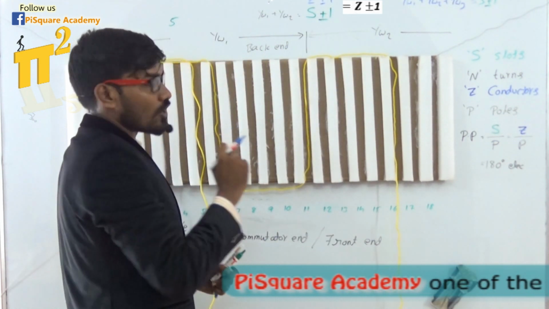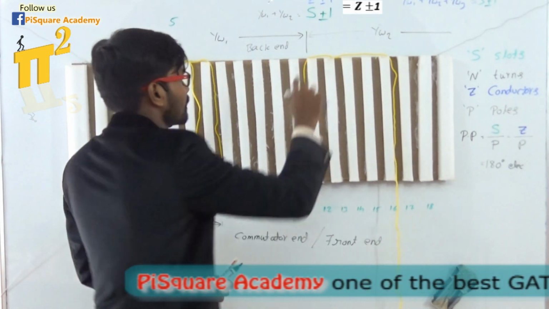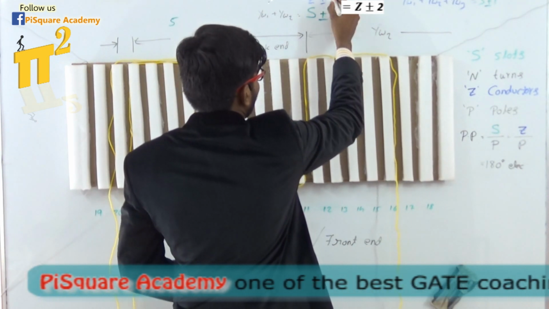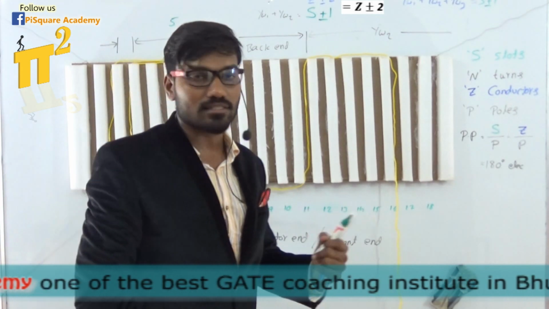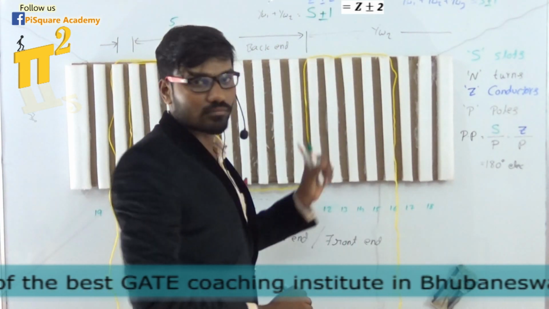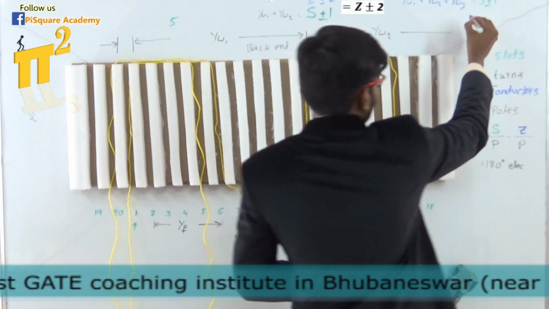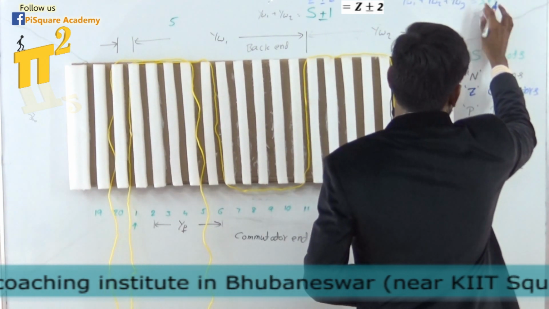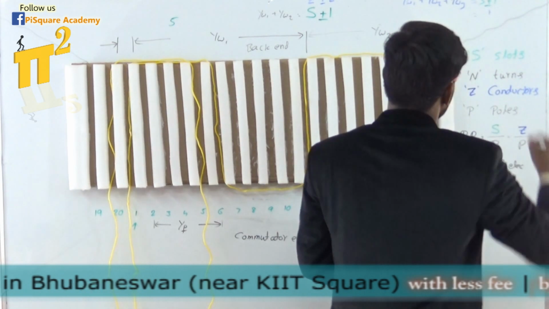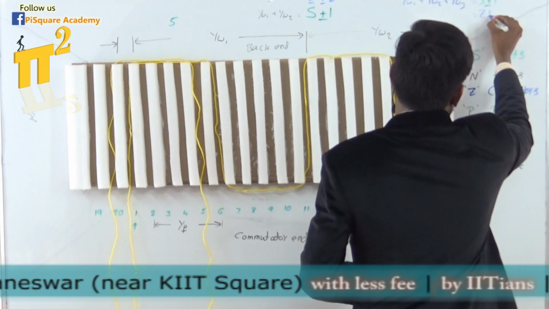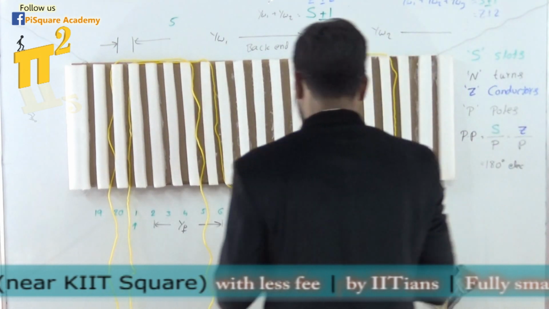What if each slot is carrying 2 conductors? Then we'll have to keep 2. What if each slot is carrying 4 conductors? Then it will be 4, like this. Here also the same, Z plus or minus 2.